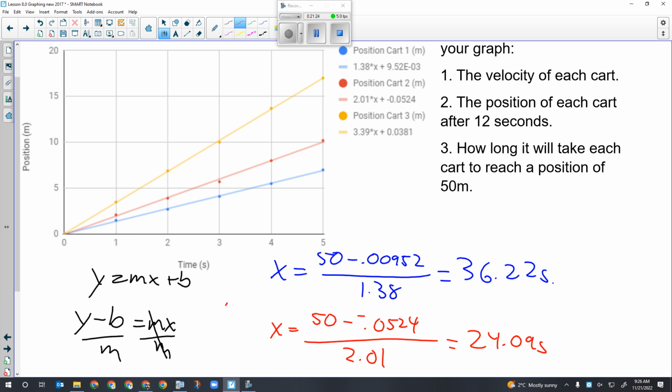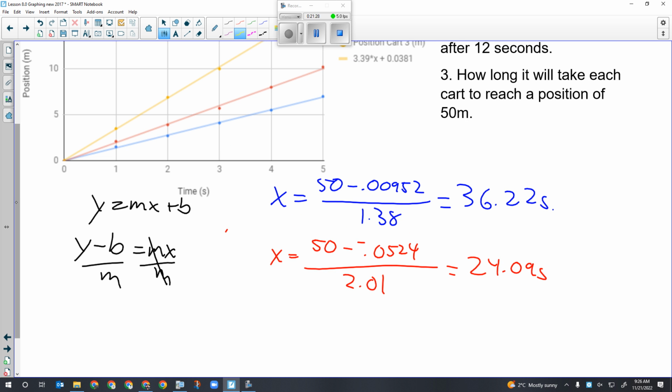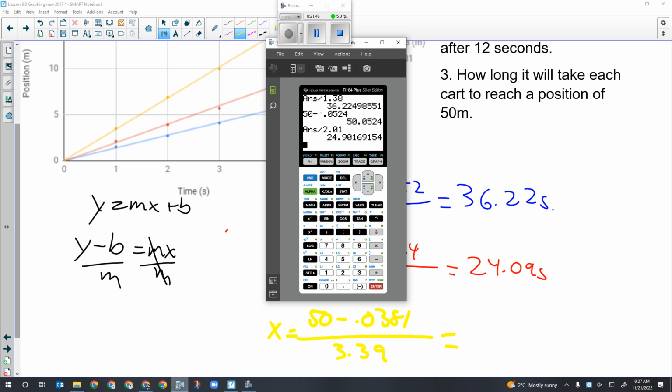Okay, and then lastly, calculating x for the yellow one, we're going to have 50 minus 0.0381, okay, divided by 3.39, and that should give us an even smaller time because this cart is even faster.